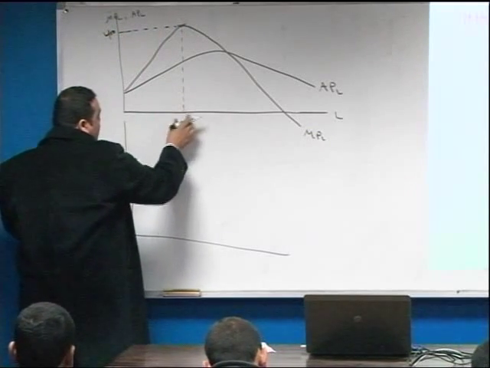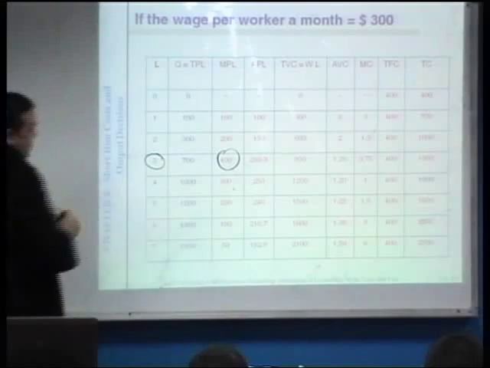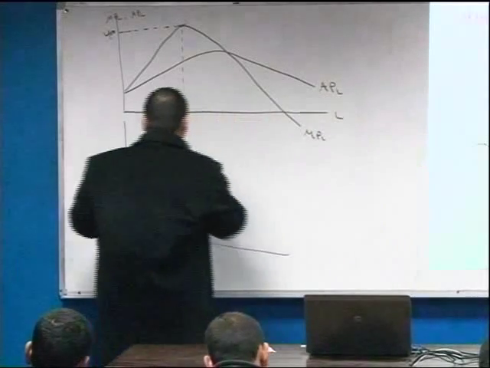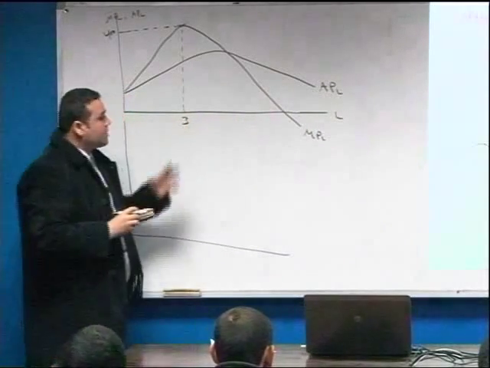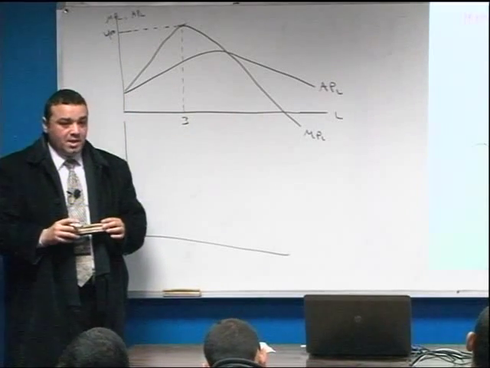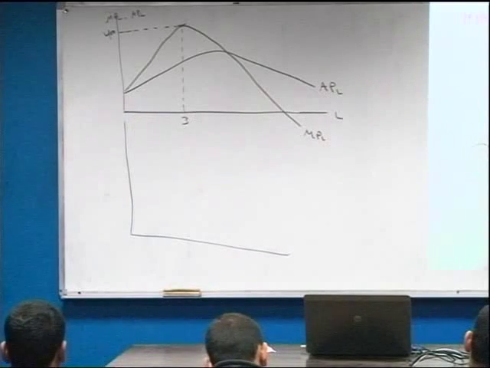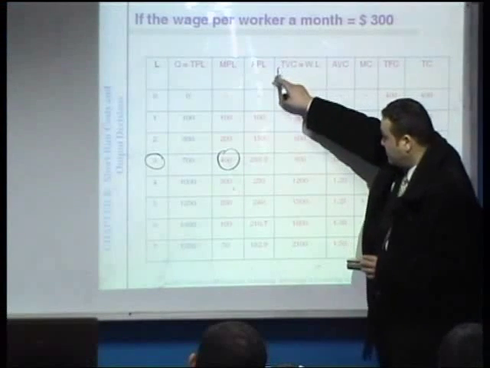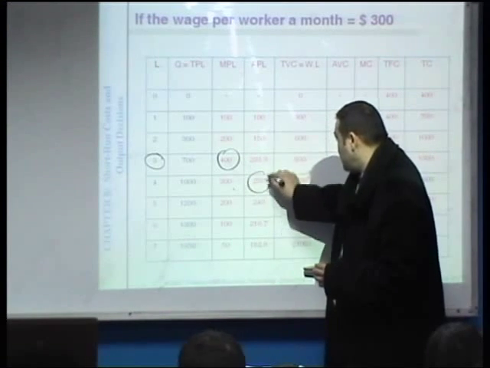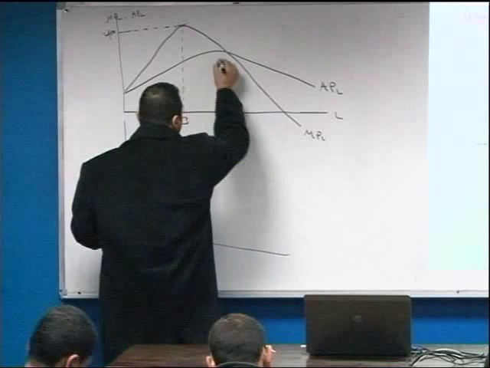How much is the number of workers? 3. Right? Yes, 3. What about the average production of labor, APL? What is the highest value of APL in this column? 250. Yes, 250.